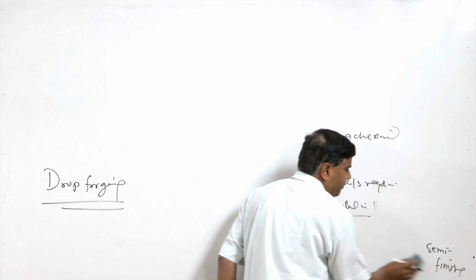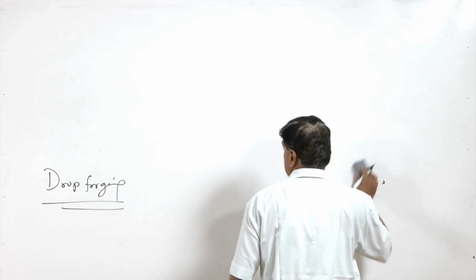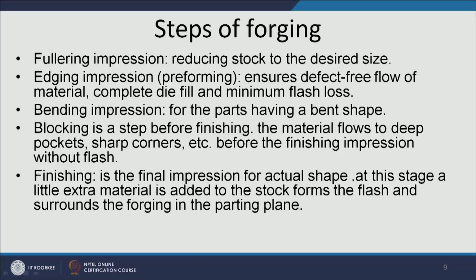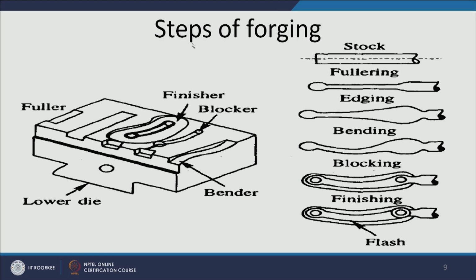So, that is what we can see with the help of this diagram, how it is realized. If we see here, these are the steps of the forging: fullering, edging, bending, blocking, the finishing, and finally the trimming. These steps have been shown schematically here.